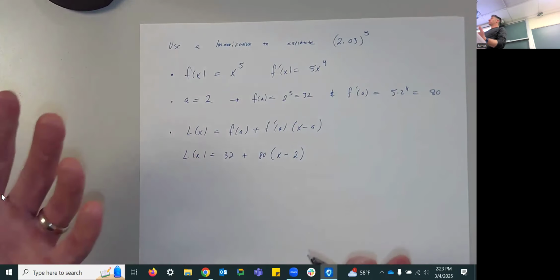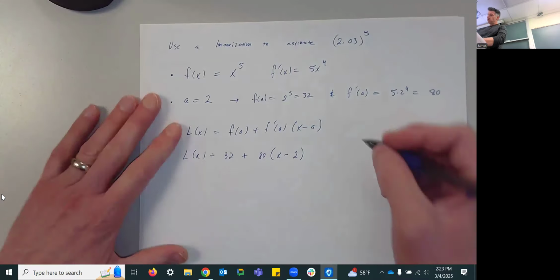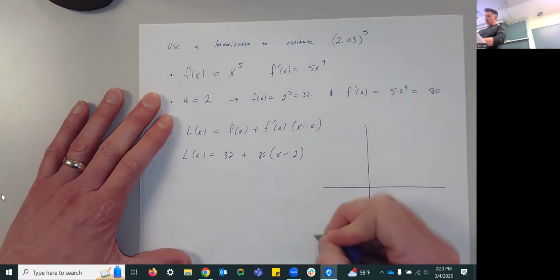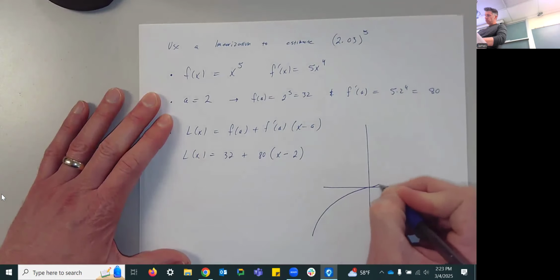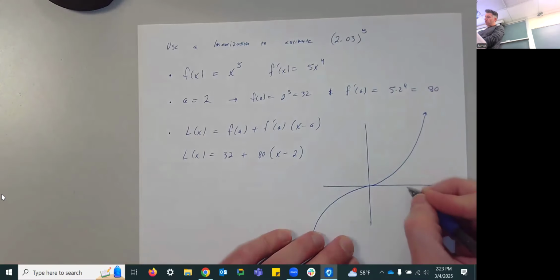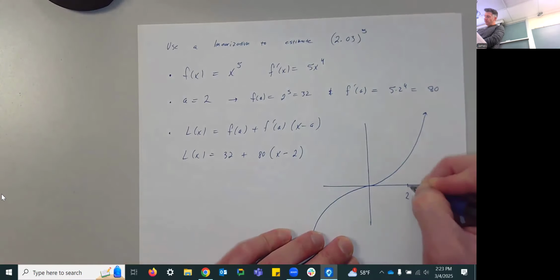Here's what we're doing. We're saying, for this function, which I'm going to draw very not well, at the point 2, we're finding the equation of the tangent line.